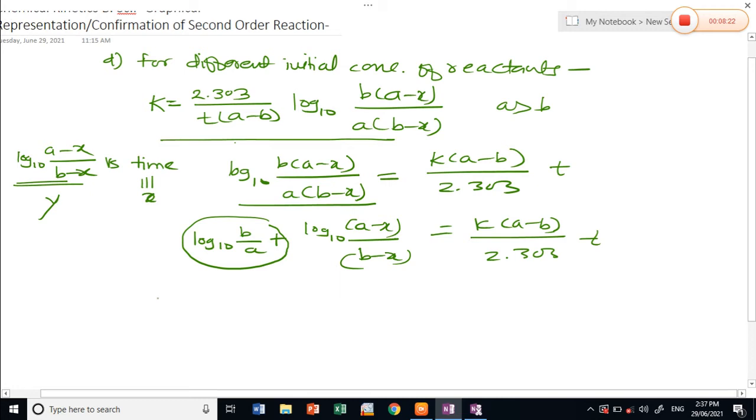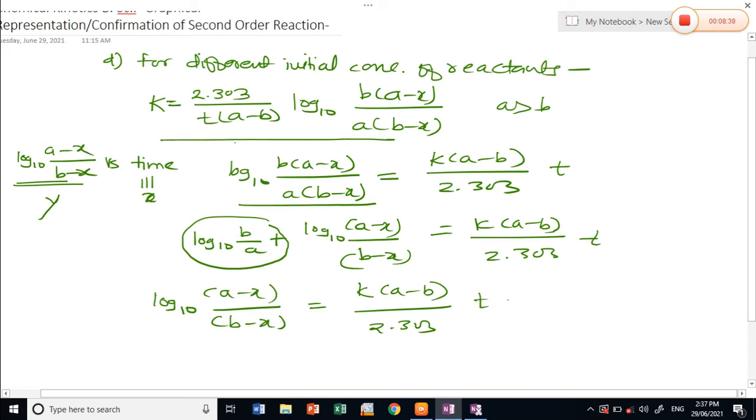So the final equation will become log to the base 10 a minus x by b minus x is equal to k into a minus b divided by 2.303 time plus log to the base 10 a upon b.